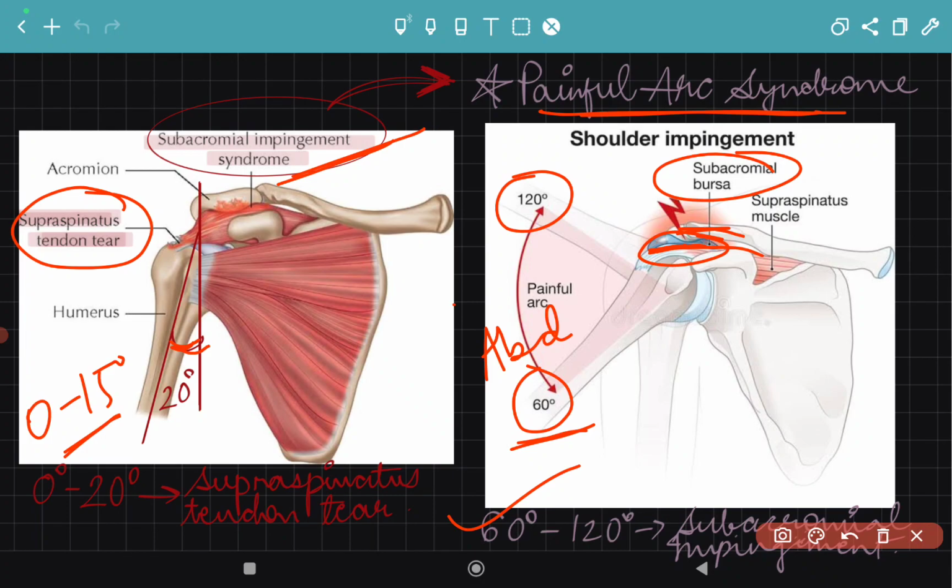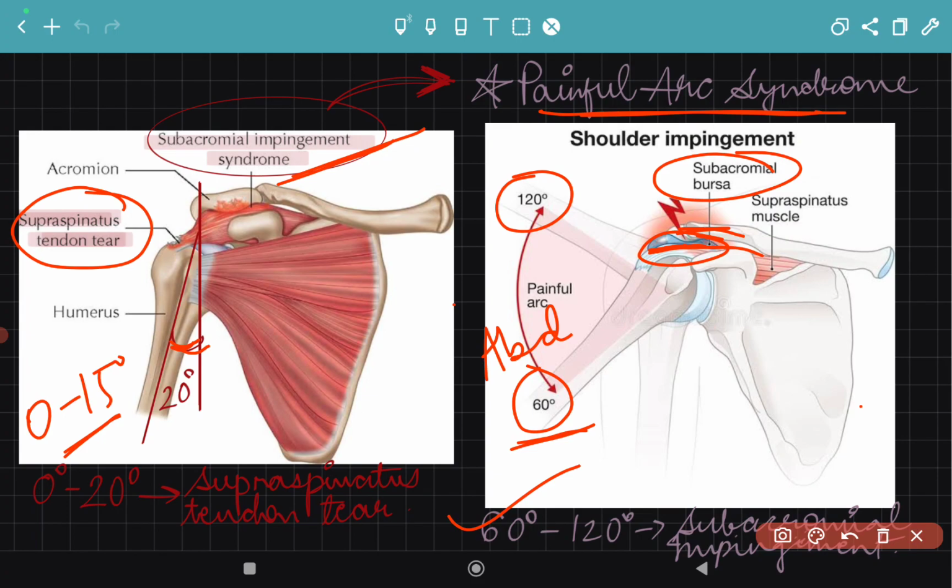So repeated microtrauma may lead to partial tear of the muscle, as well as if there is a history of fall or any other trauma, it may lead to complete tear of the muscle. But for the complete tear, there should be a certain amount of force applied which might be responsible for the complete tear of muscle.